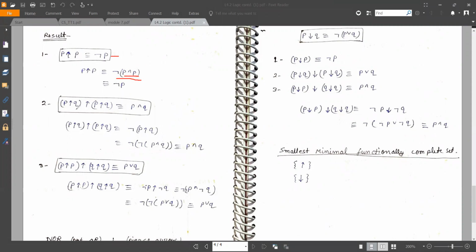You can verify this. Similarly, this is a multiple NAND operation. Means first P NAND Q and then P NAND Q, again put with the connective NAND. So how to achieve this? This is simply equivalent to P conjunction Q. And how to verify that?